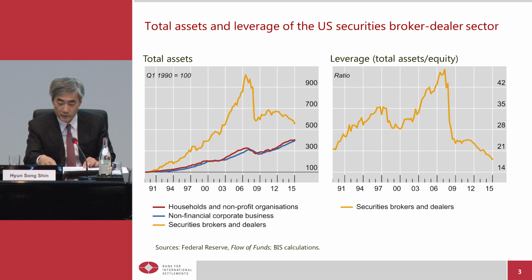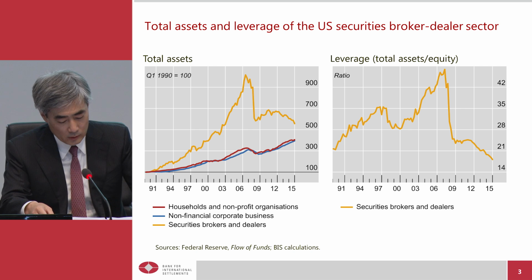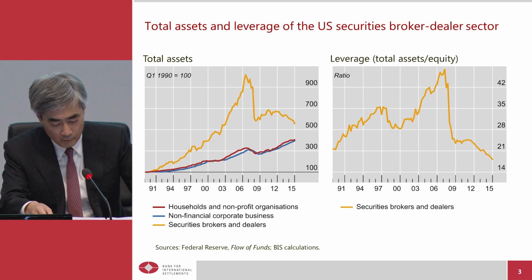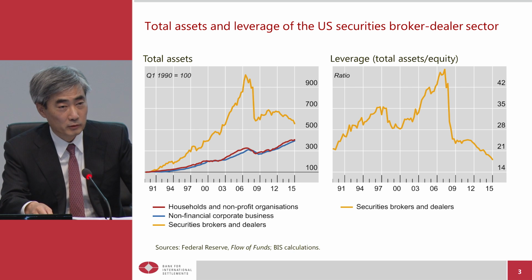If you look at these three series, you can see that the broker-dealer sector grew much faster than the rest of the economy. At the peak of the boom in June 2007, assets of the broker-dealer sector had grown more than tenfold from 1990, whereas the assets of the non-financial corporate sector and the household sector had grown by a factor of 3.